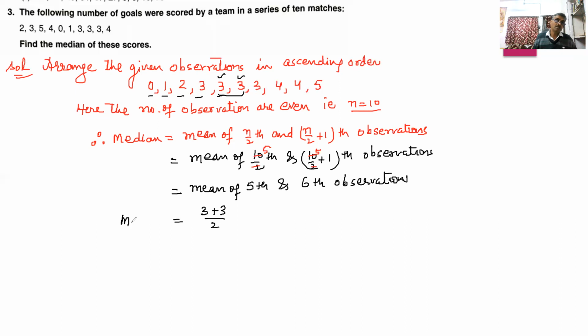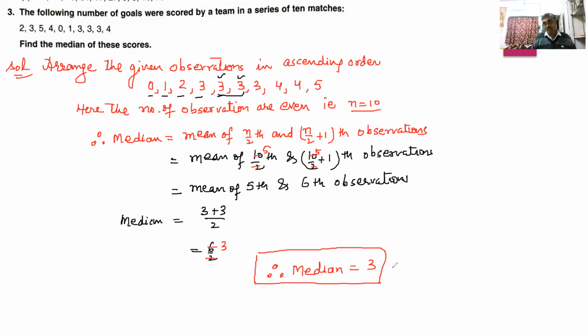This is the median. 6 by 2, it means 2 threes are 6. Therefore, median is equal to 3. Right?